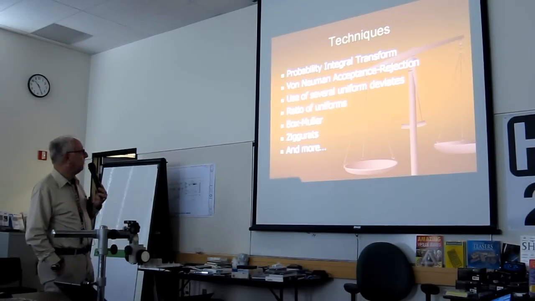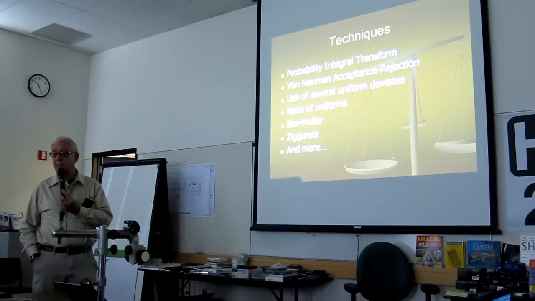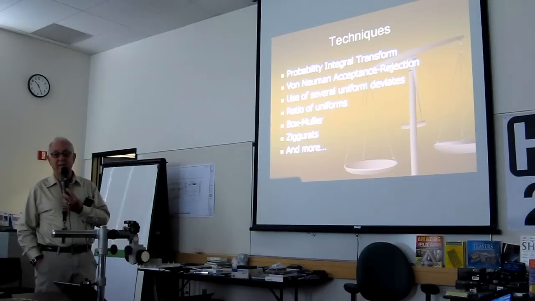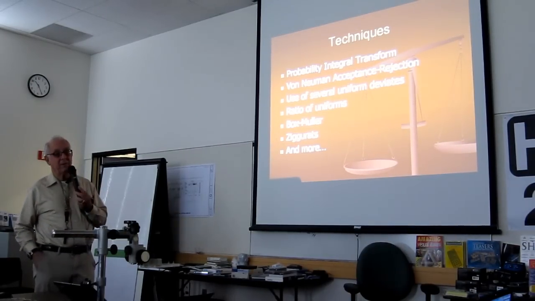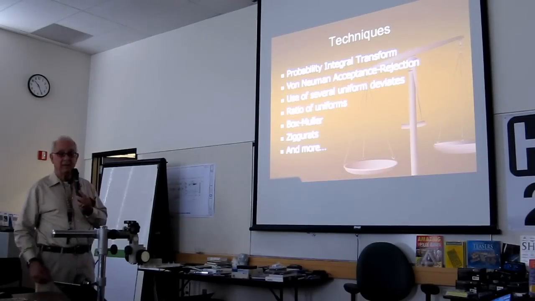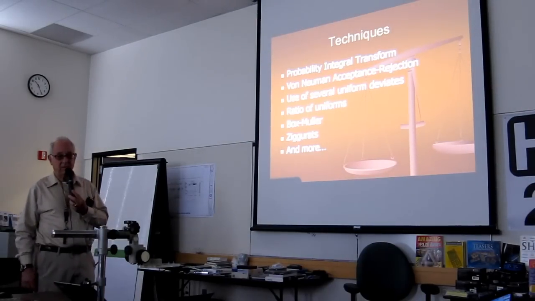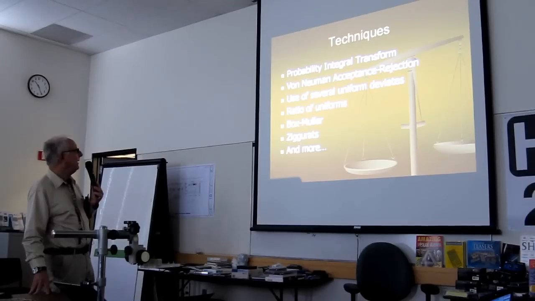And because some of them you will reject, you end up maybe generating 3 or 4 uniforms for every normal deviate. And it turns out that on the 35S, generating a random number, the RAND command, is a slow one. So you want to make maximum use of your uniform random numbers. Okay, you can use several uniform deviates.